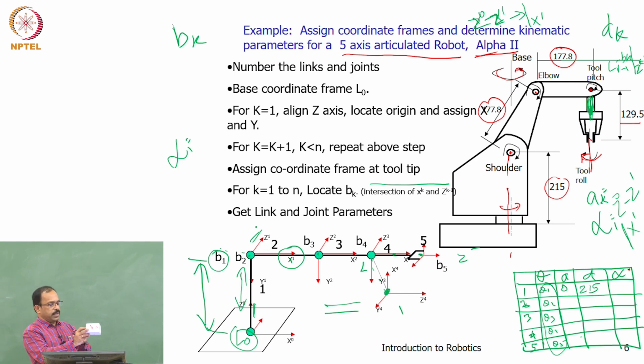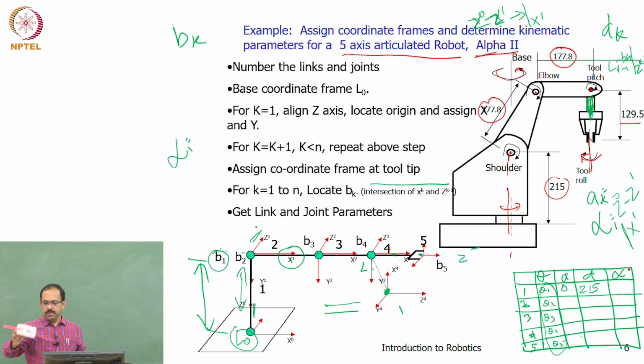Originally X0 was like this, Z0 was like this, and then with respect to this it is rotated like this. With respect to X1 the rotation is like this. So it is a clockwise 90 degree rotation. Z0 has rotated by 90 degrees in the clockwise direction with respect to this axis.